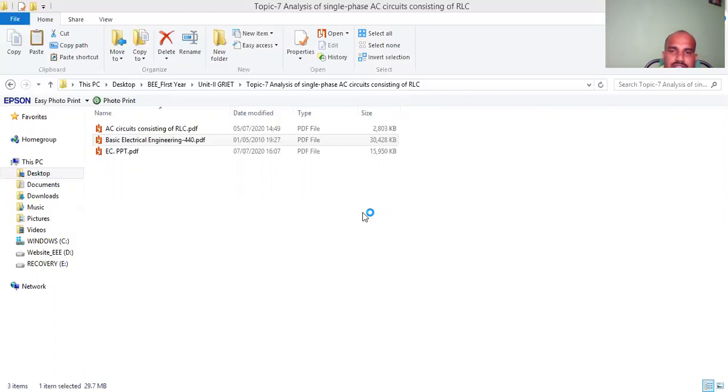R1 equal to Z into cos phi1, cos phi1 equal to R by Z1, so 5 ohms by 13.975 equal to 0.3577. Now sin phi equal to 0.9, X1 equal to Z into sin phi, 13.04.